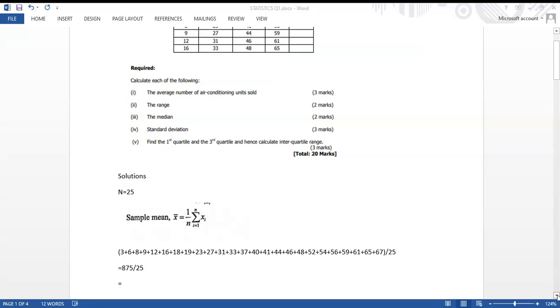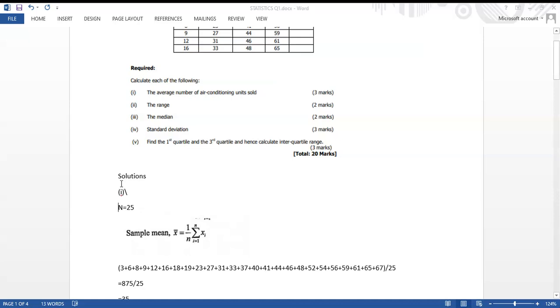What do we get? 35. So that is our mean, x bar. This x bar here is our mean. So that is the first one, finding the mean.